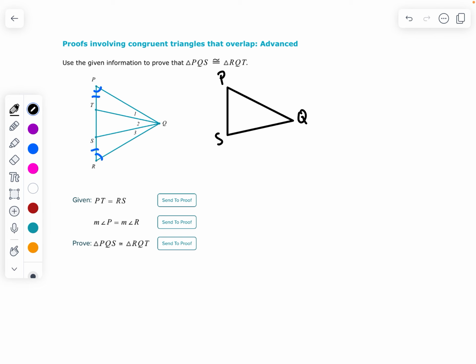And it's got also a point T here. And then, let's see. Like that. QTR, little point S down there.